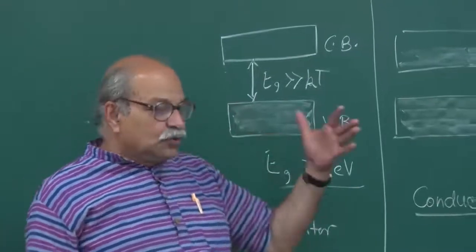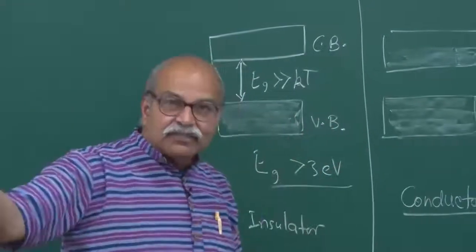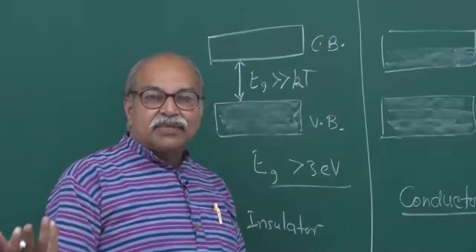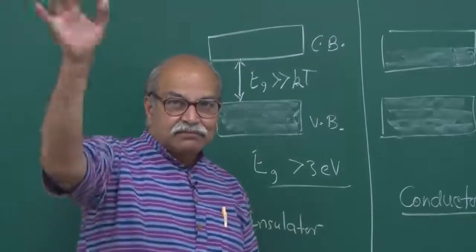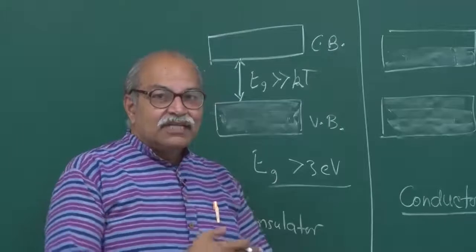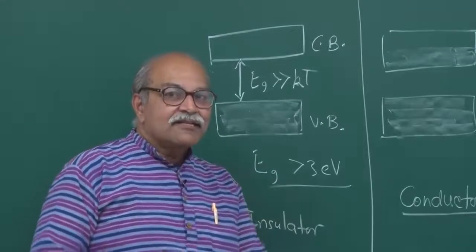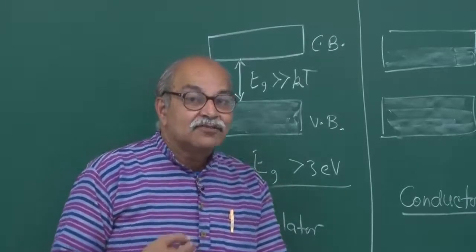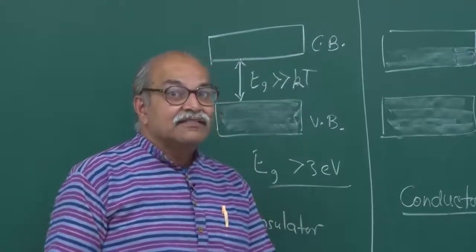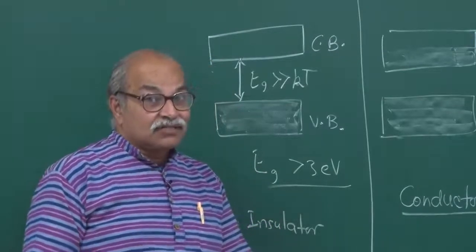Why is this a conductor and this an insulator? Because when you try to pass current through the material, you essentially apply an electric field by whatever connecting battery. Once you apply the electric field, that electric field tries to give kinetic energy to these electrons.